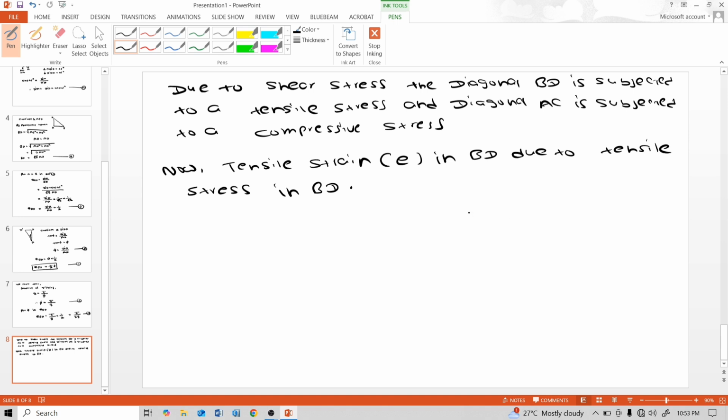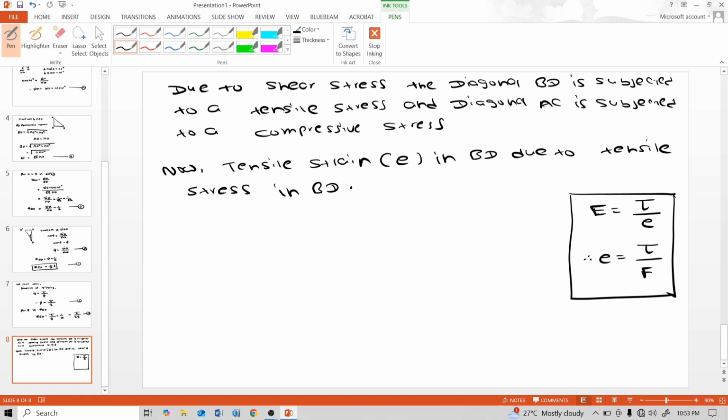See, with the help of Young's modulus formula, Young's modulus is stress upon strain, here shear stress upon strain, and E is equal to shear stress upon strain. With the help of this, tensile strain in BD due to tensile stress in BD is tau by E.